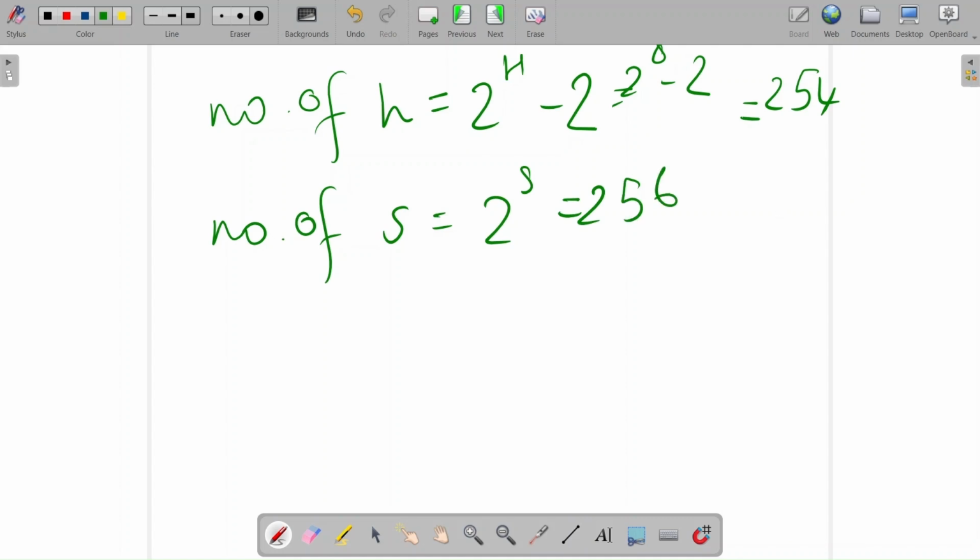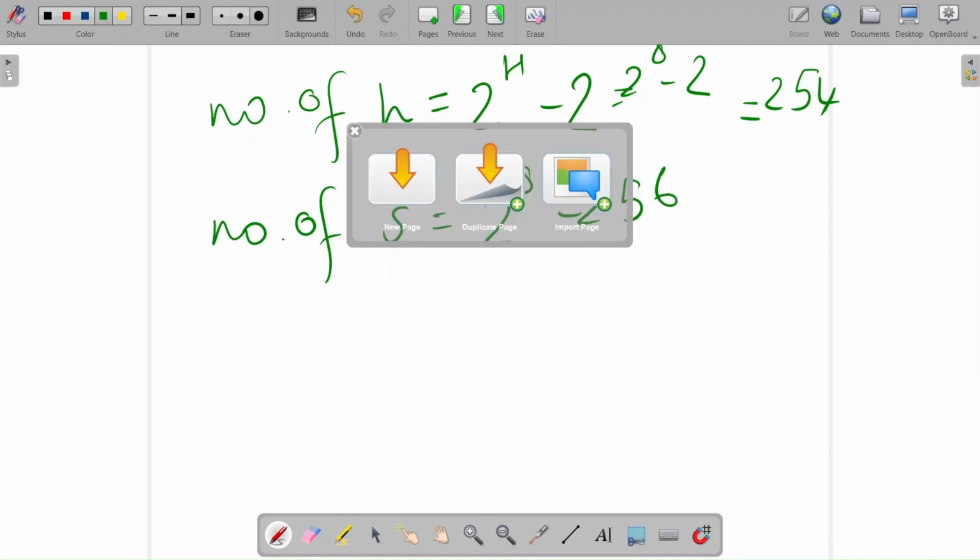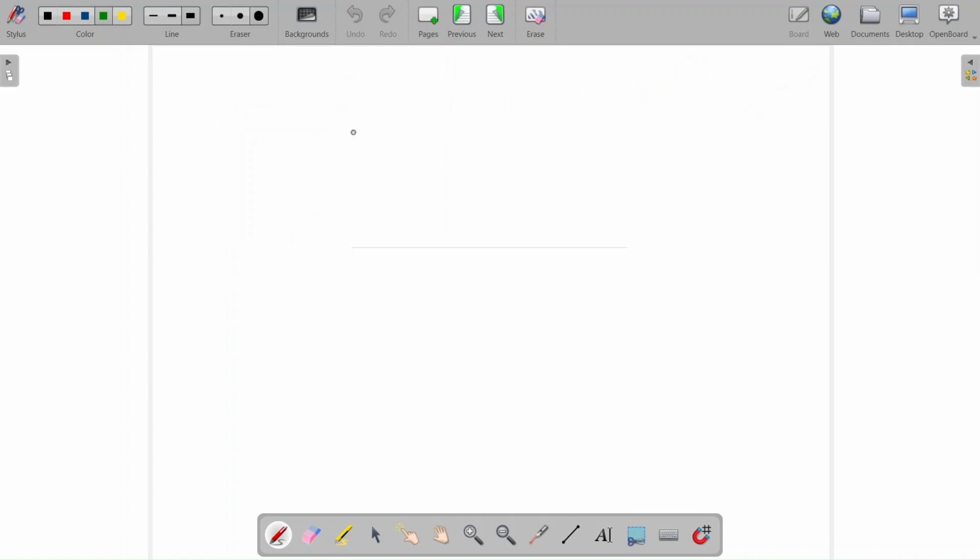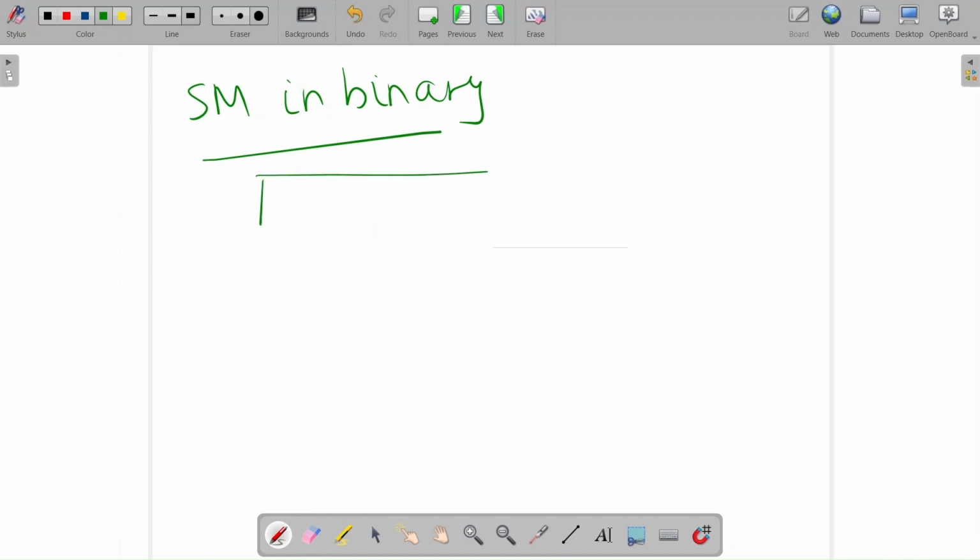See, you're done. Next, we need to find the subnet mask in binary. Now you will be like, okay, this is easy. But you need to understand this is a different question. Please pay attention because this might be a little confusing.